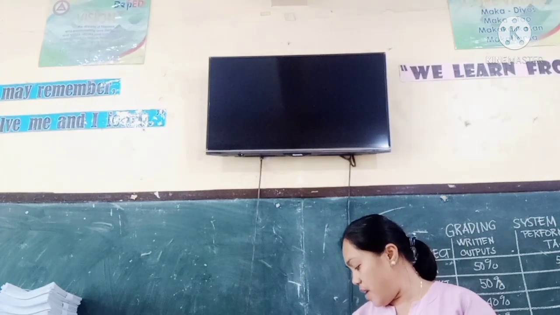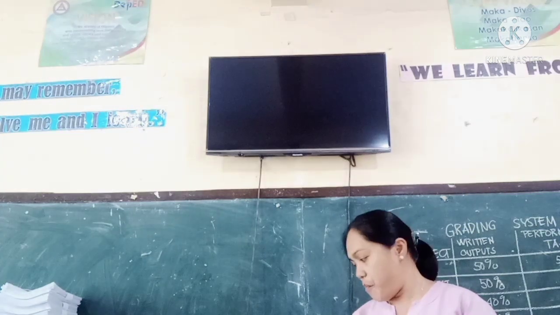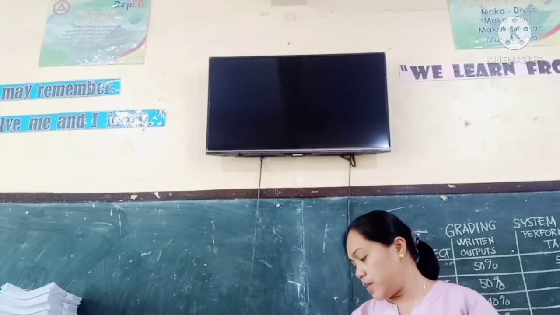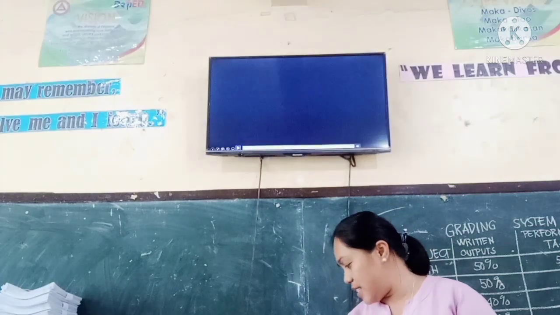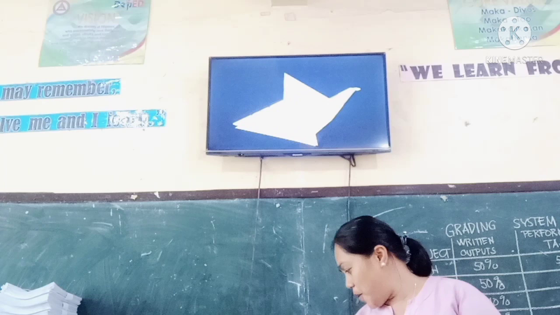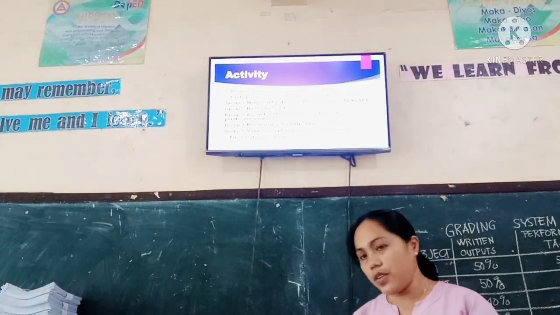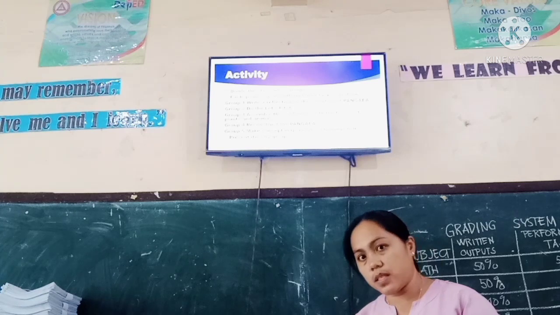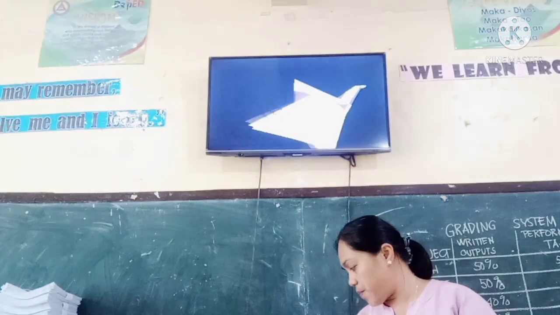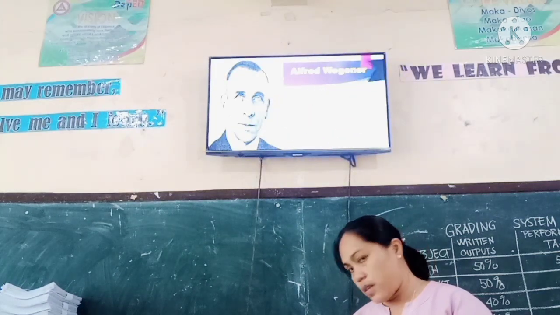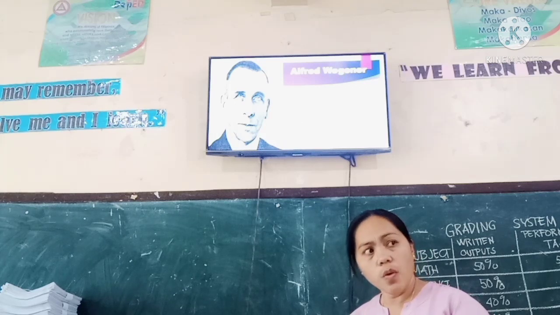Now, I have here a video. Oh, group 1, this is your task then. Group 1, in order for you to write a reflection on the evolution of Pangaea, you must watch this video. Okay, so who is Alfred Wegener?